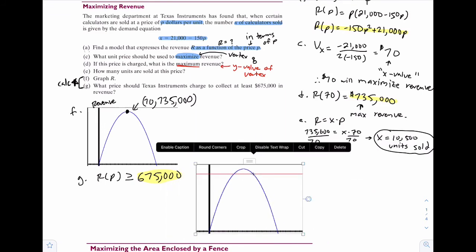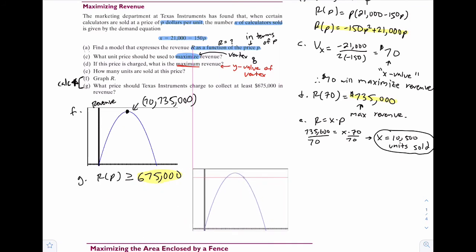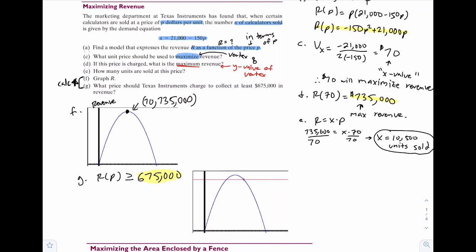And let's analyze that information. So again, this point was 50, 675,000, and this point was 90, 675,000.